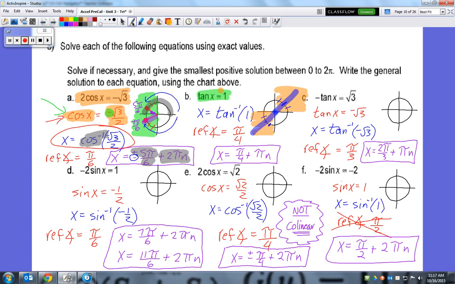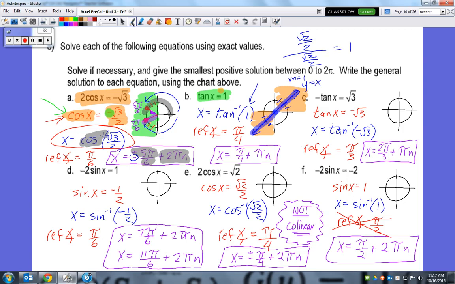So when I put them over the same, that root 2 over 2 over root 2 over 2, I'm going to get 1. Again, the shortcut is y is equal to x. The slope of that line is 1. So the 45s, my tangent's going to be a positive 1 in quadrants 1 and 3.